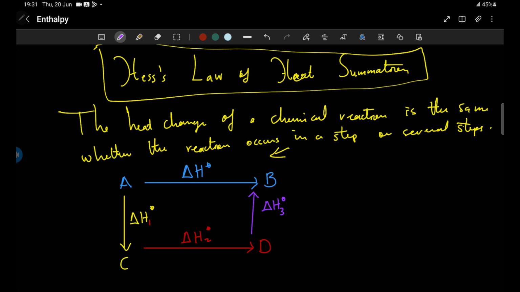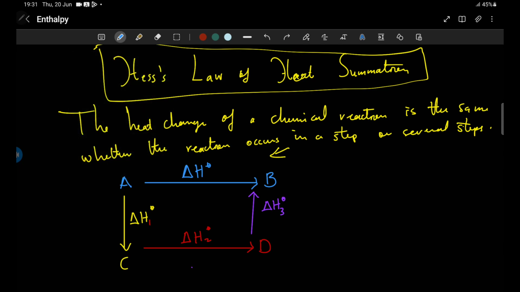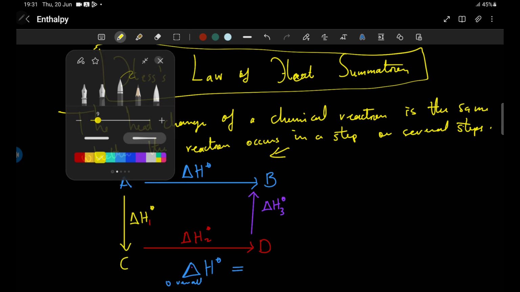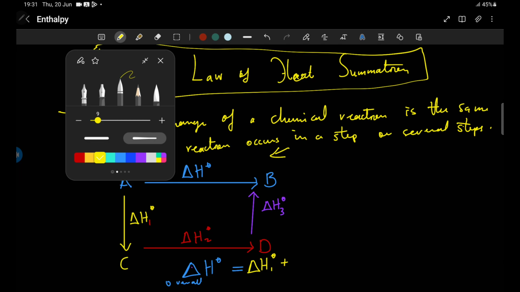Now, what his law is saying is that the major energy change, or enthalpy change, as you might want to call it, which is this, now, this is overall, all right, is equal to the first guy and the second guy.